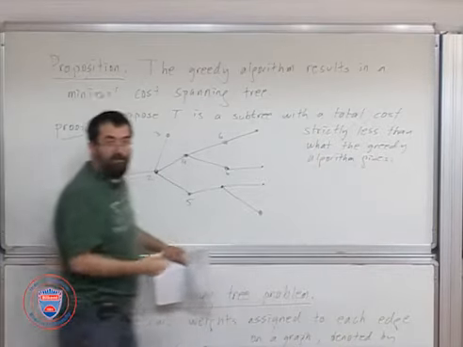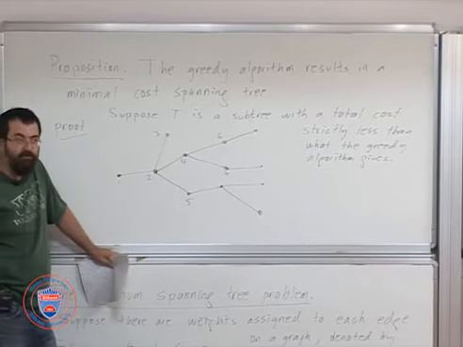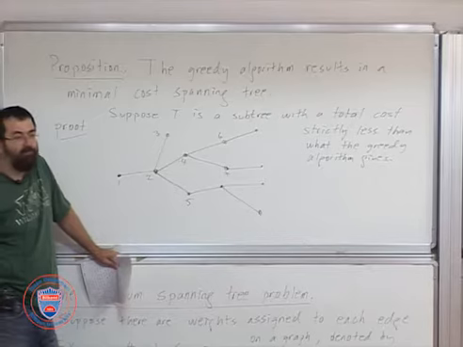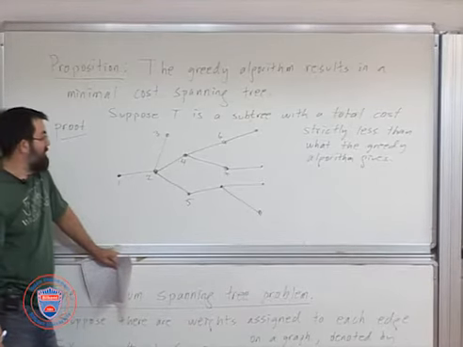We need to show this cannot happen, right? Suppose you found a tree which has total lower cost than what the greedy algorithm gives. We'll see that this is a problem. This cannot happen.